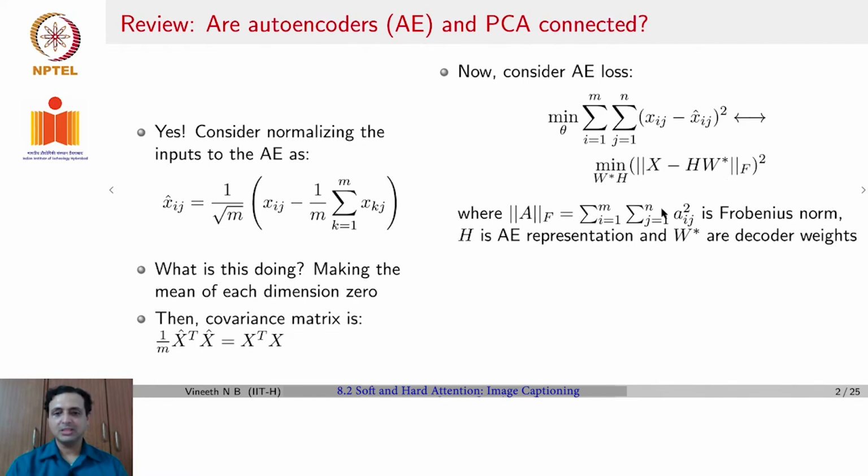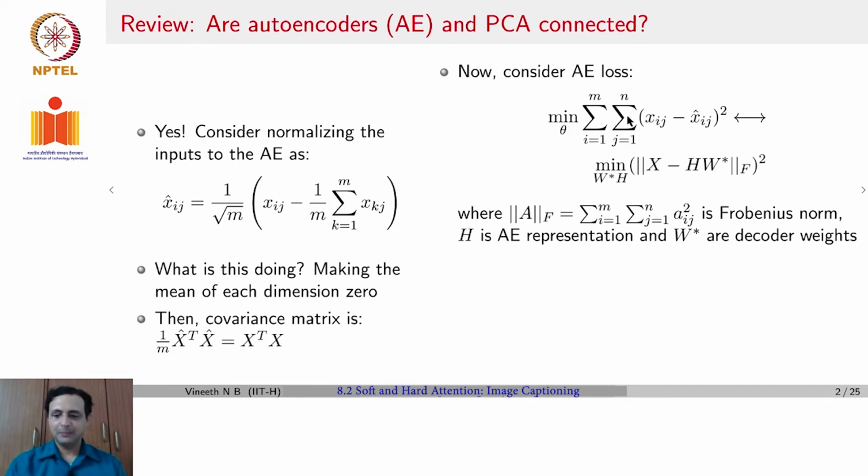The Frobenius norm is the summation over each of the dimensions of a_ij whole square, the squared sum of all elements of a matrix. H here is the representation of the autoencoder in the middle layer, the bottleneck layer or the context vector, and W star are the weights of your decoder. So W star into H is the reconstructed output from that intermediate representation. X is the original input. Both of these are equivalent representations for the loss function.